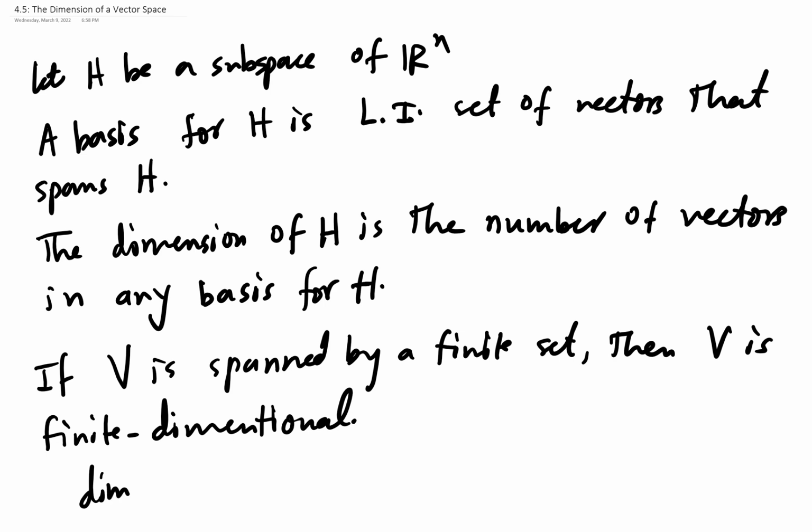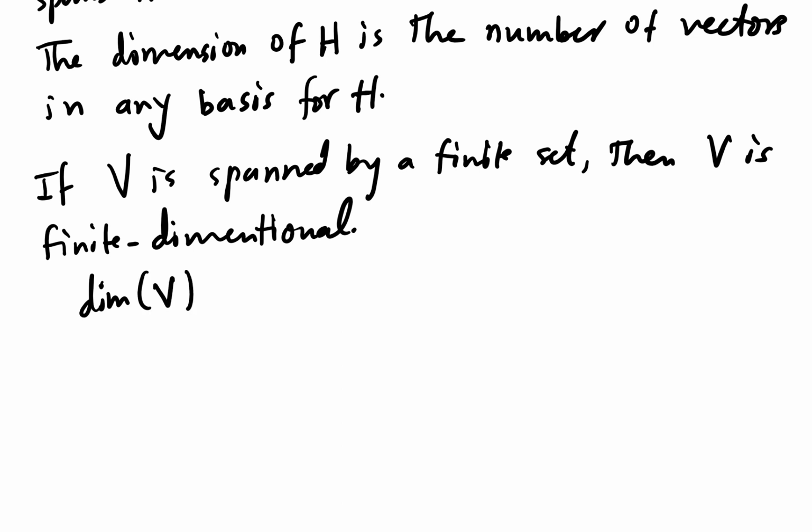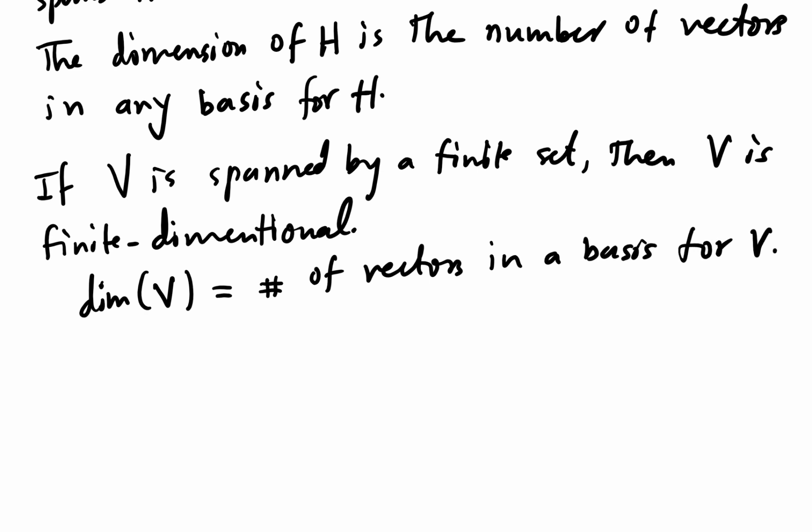Again, we use dim to abbreviate dimension. So the dimension of V can be found, as I showed you about the subspace, as the number of vectors in a basis for V.